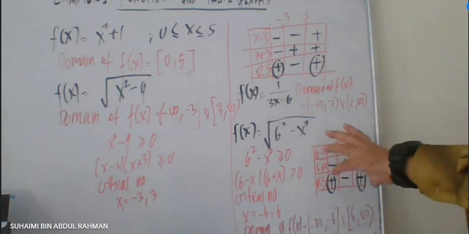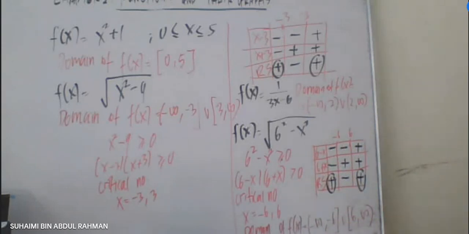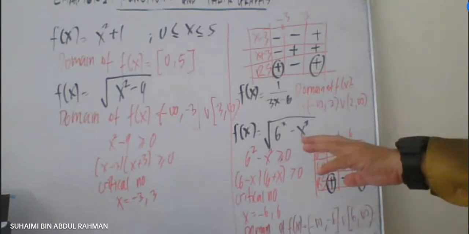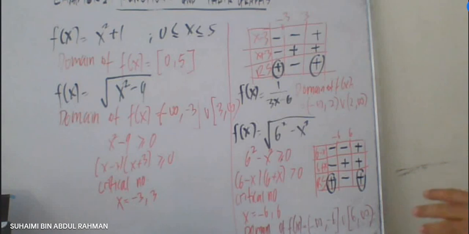So from the sign diagram, we see that the domain is from minus infinity to minus 6, and union with 6 until infinity.